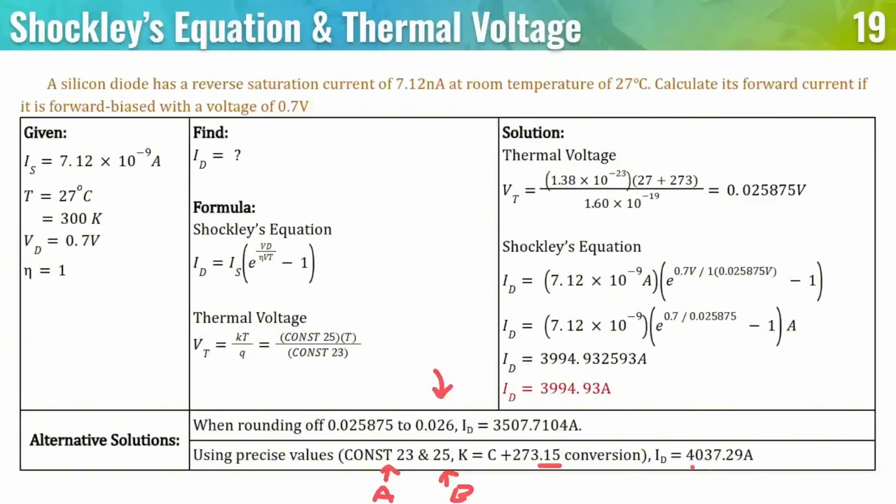So most probably the best answer is 4037.29 amperes. Again, this is the best answer in terms of precise values. But if you are instructed to use rounding rules for uniformity in the exams, this may be closer to the actual answer. Just know that it's somewhere near 4,000.